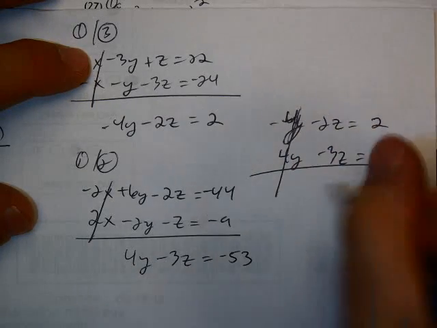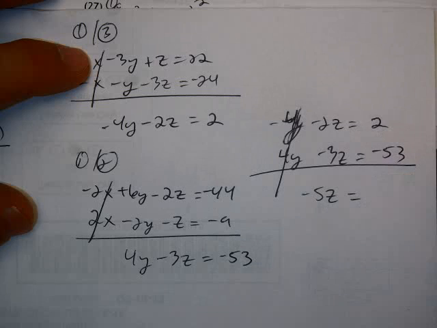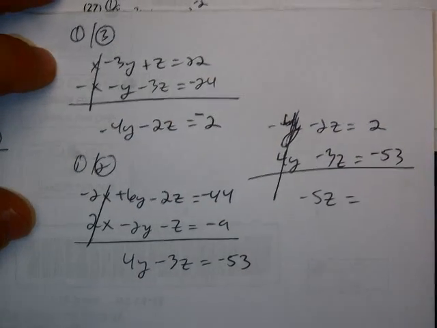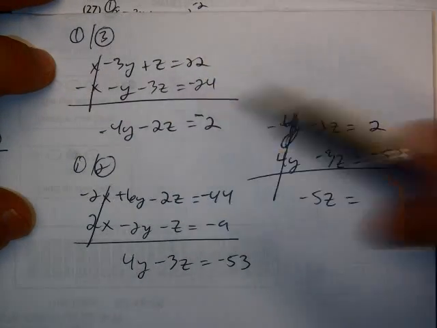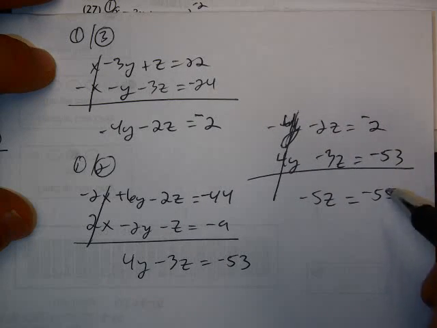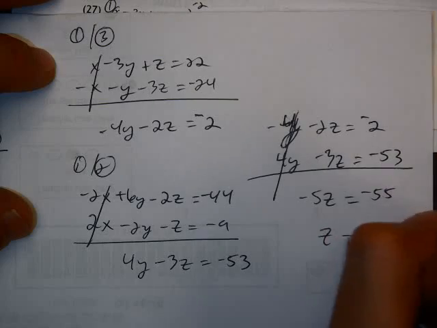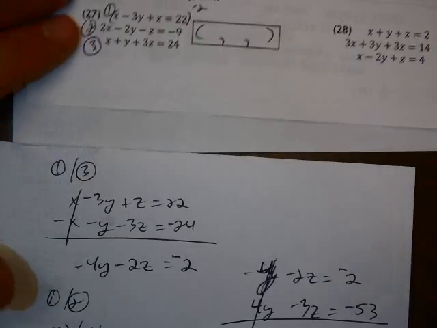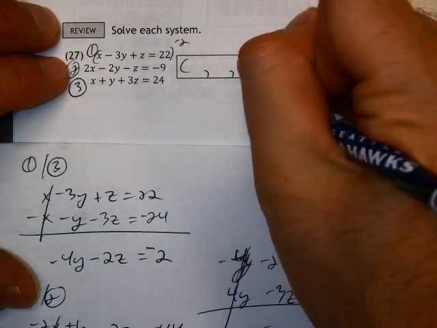Combine, the y's cancel, I get negative 5z equals, and I feel like there's a mistake in here somewhere. Oh, this should be a negative 2, because when I combine these, 22 minus 24, I got a negative 2. So that's now negative 55 when I combine those. I divide by negative 5 and I get positive 11 for my z value. So back to the original one, there's positive 11 for the z.